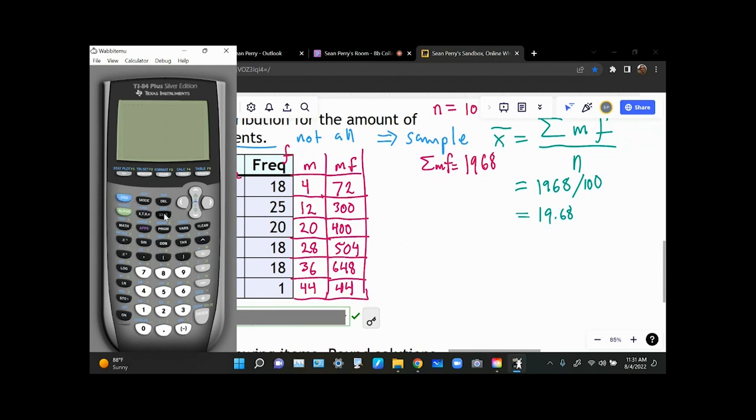There's also a function in the calculator. Second, over to math, and down to mean. To calculate a weighted grouped data kind of mean, we would put L1, comma L2. Some newer calculators are going to have prompts inviting you to put a frequency list in. That's where you would put L2.